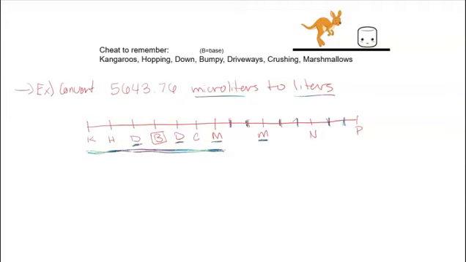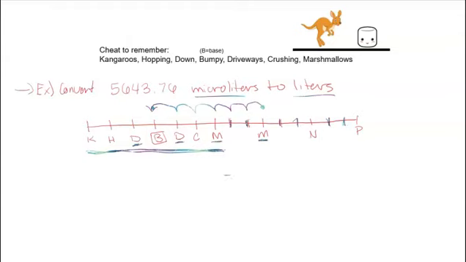So let's get to the actual example. So we're going from microliters, so our microliters are right here, and we're going to liters. Remember, liters is a base unit. So we need to hop, let's count 1, 2, 3, 4, 5, 6 spaces to the left. So we're going to move our decimal 6 spaces.